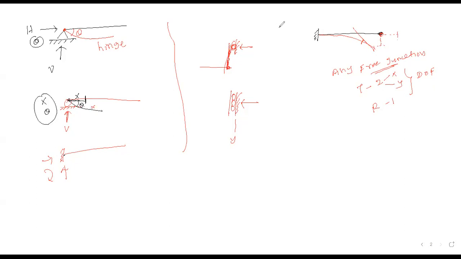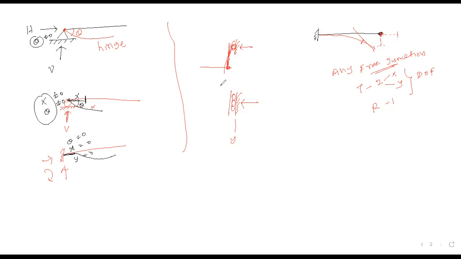Instead of the hinge, just weld your door. If I weld the door, it will not be able to rotate also. That means it will become rigid. It will not rotate in any direction. I hope it is clear to all of you. This is a deformed shape of the beam. So for this particular junction, theta is 0, x is 0, y is 0. In this case, x is not 0, theta is not 0. Here theta is not 0. I hope it is clear.